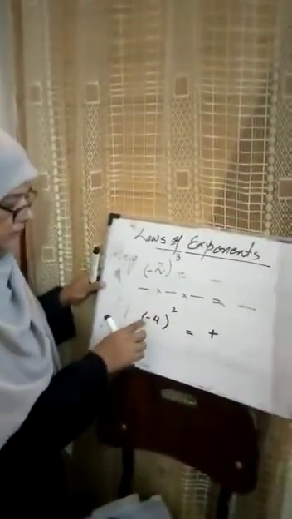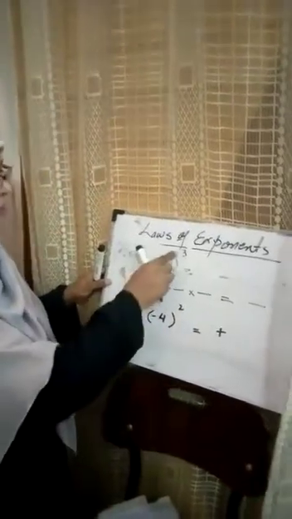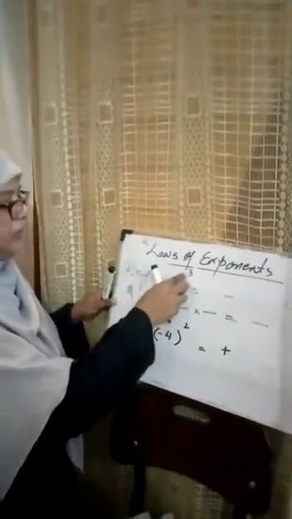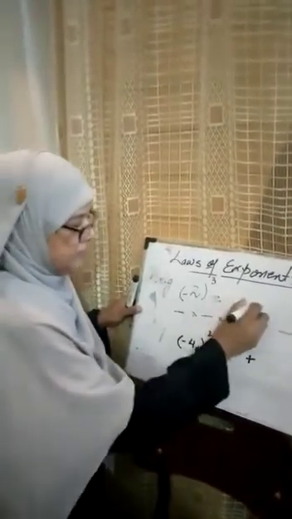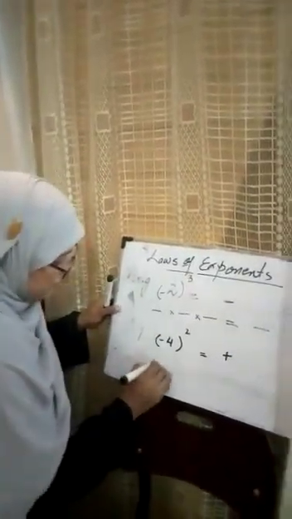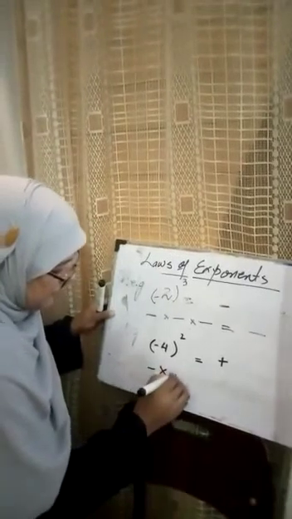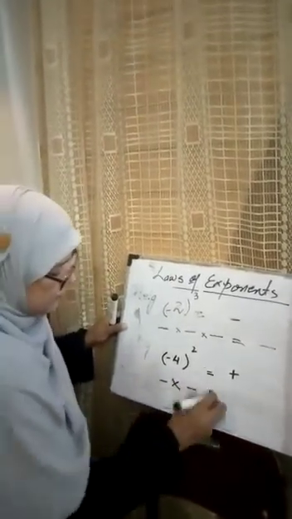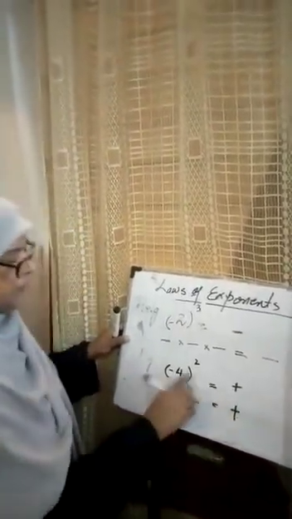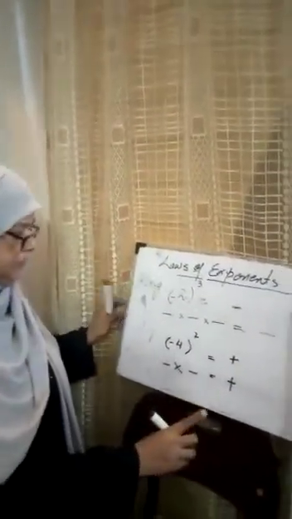Here the exponent is an even number, so its answer will be plus. Base sign directly will be plus. Just see the exponent. If the exponent is an even number, then the base sign will be positive. If the exponent is an odd number, then the base sign will be minus. Or after solving, minus multiplied by minus is plus. By using the rule or manually, it is up to you. Okay.